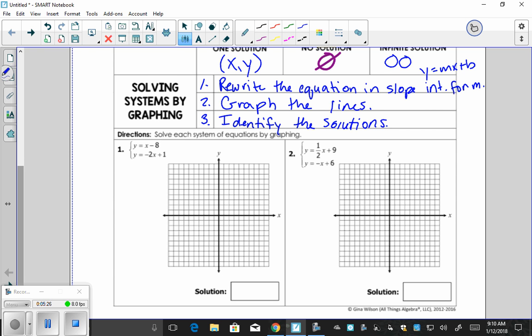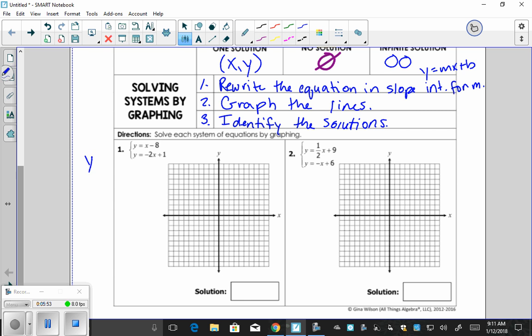So let's look at an example. Problem 1. I have y equals x minus 8 and y equals negative 2x plus 1. Step 1. Make sure they are in slope-intercept form. Are both of my equations in slope-intercept form? Yes. So step 1, done. Graph my lines.